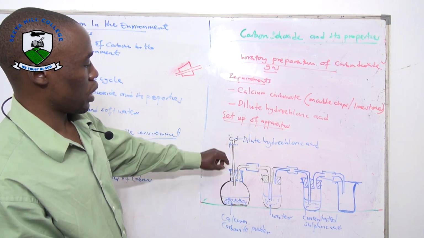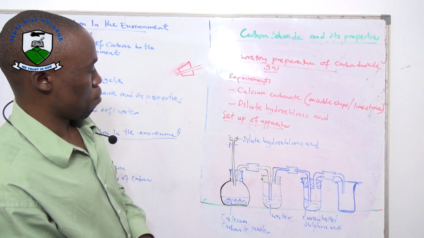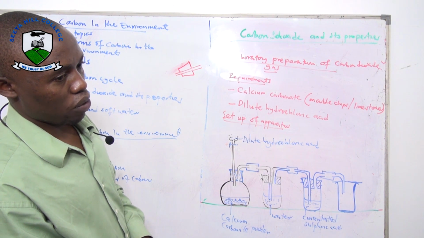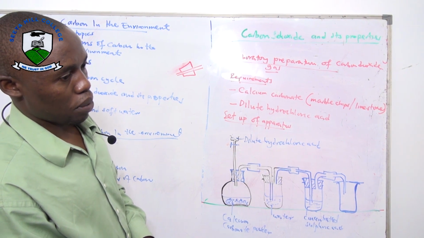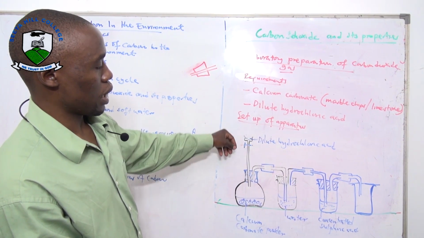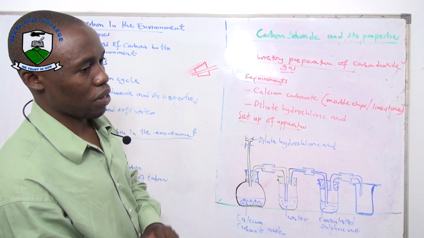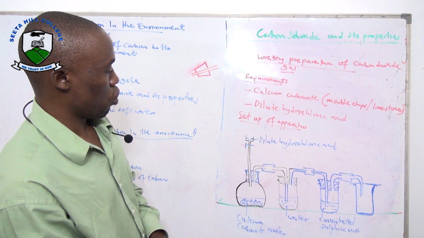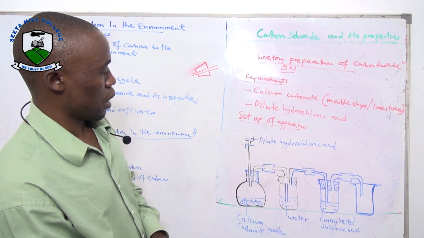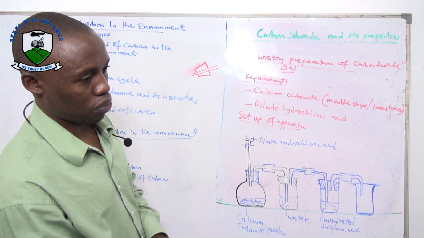Now the one with the tap is called a dropping funnel, because it is used to drop the acid regulatively. Then the one which we have without a tap, we call it cystophano.